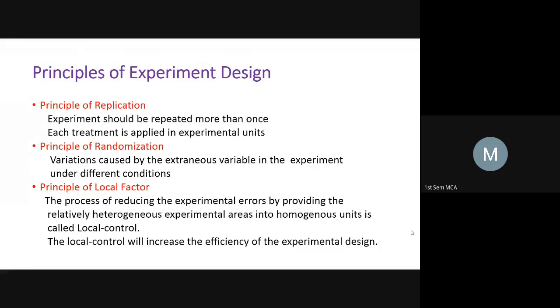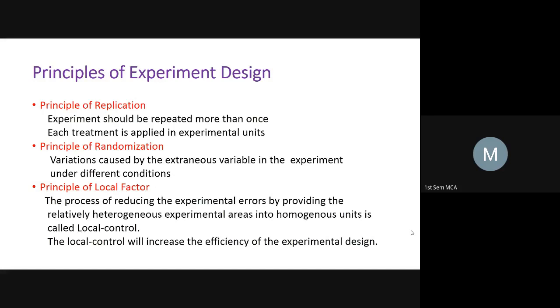In fact, you have four principles, but in your syllabus they have given only three. Hence I am restricting to only three principles. The first is the principle of replication. The second is the principle of randomization, and the third is the principle of local control. These are the three principles of experiment design.